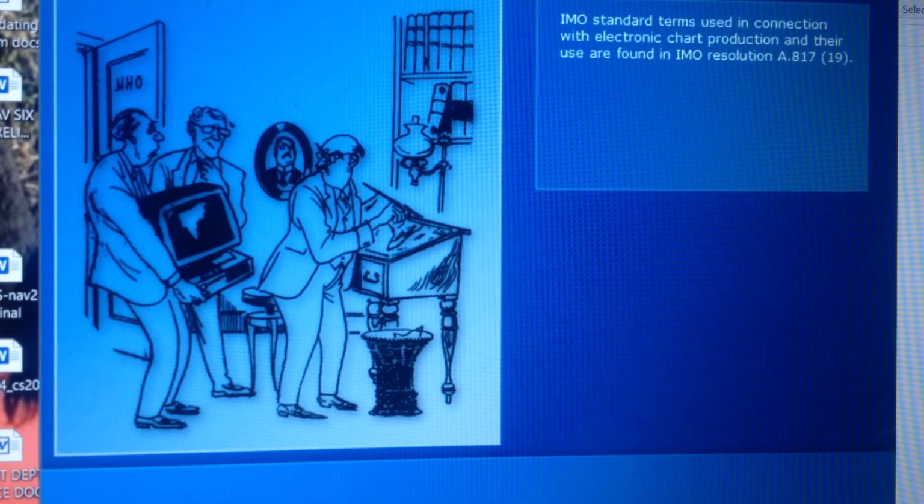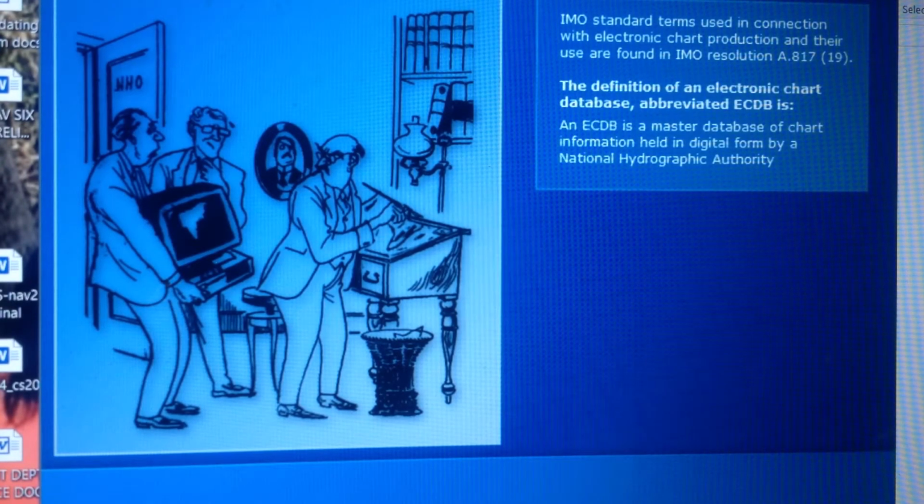IMO standard terms used in connection with electronic chart production and their use are found in IMO Resolution A817-19. The definition of an electronic chart database, abbreviated ECDB, is: an ECDB is a master database of chart information held in digital form by a national hydrographic authority.